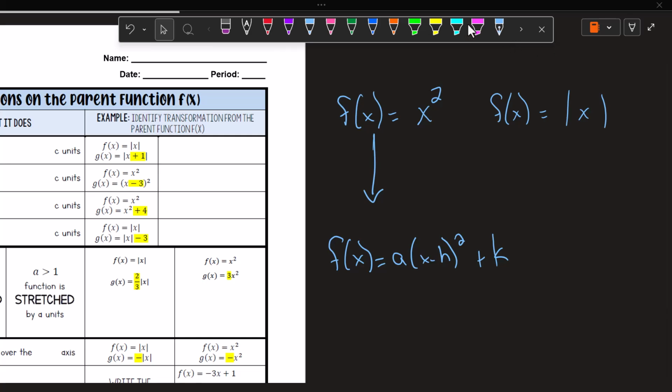So another way that we could write these same things using the notation that we have here is, say, g of x equals a times f of x minus h, plus k.